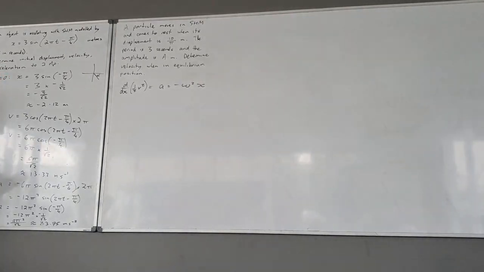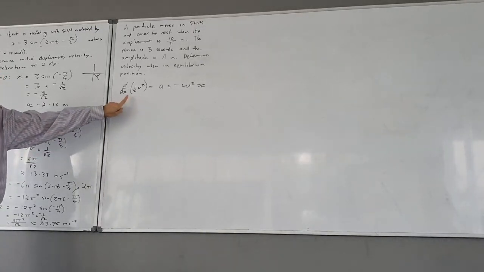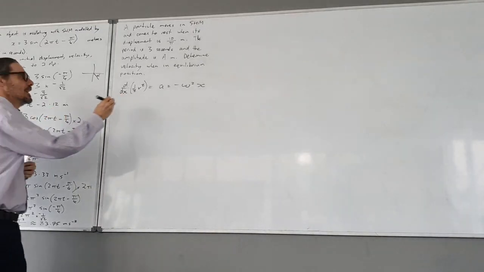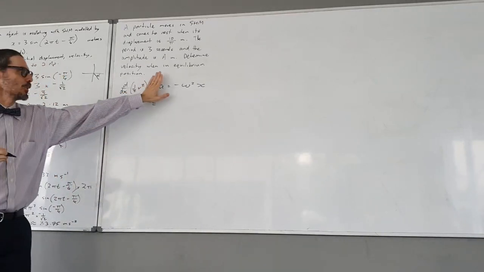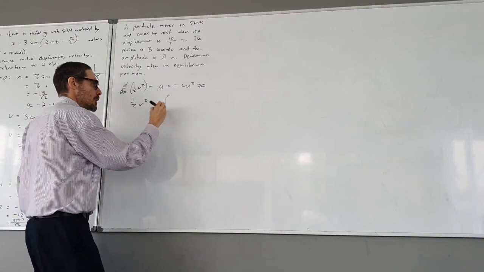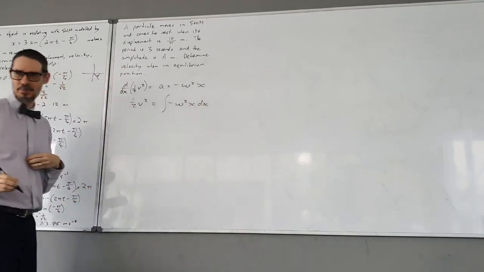So to do, hopefully correctly, what I think a couple of you tried to do on that last exam and didn't get right, I'm going to integrate both sides with respect to x. So I'm just going to get half v squared on this side, for the a. Now I'm going to get the integral of minus omega squared x dx.